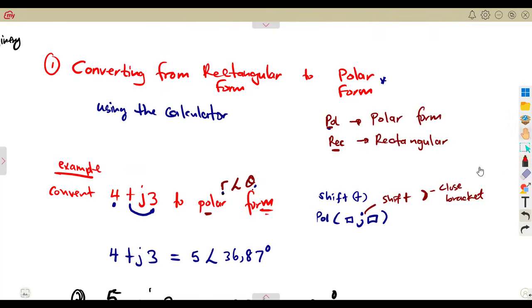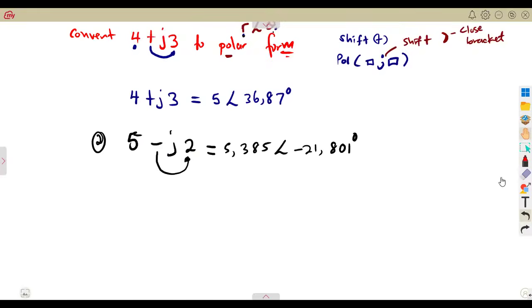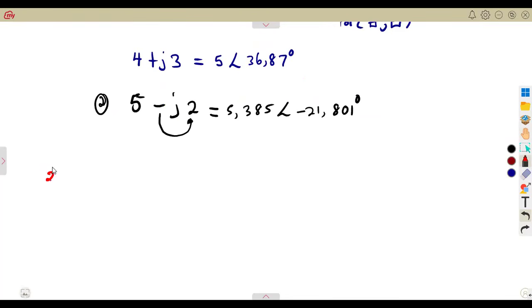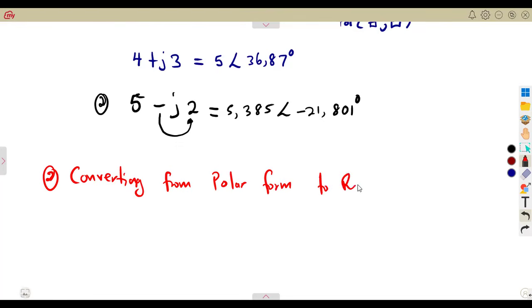Then let us convert now to rectangular form. We are now moving from this polar form back to the rectangular form.